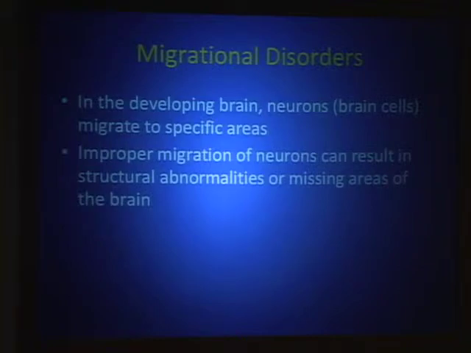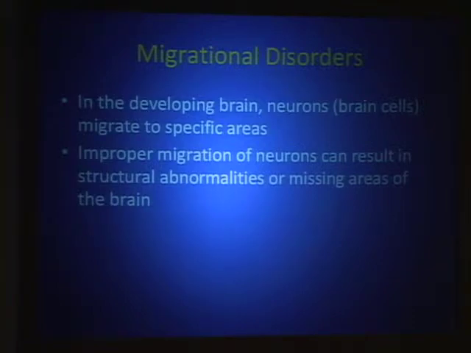So I talked about heterotopia, polymicrogyria, all those are malformations that develop as the neurons are moving out and they stop in the wrong place. And there's an area that's thicker or thinner in the brain.